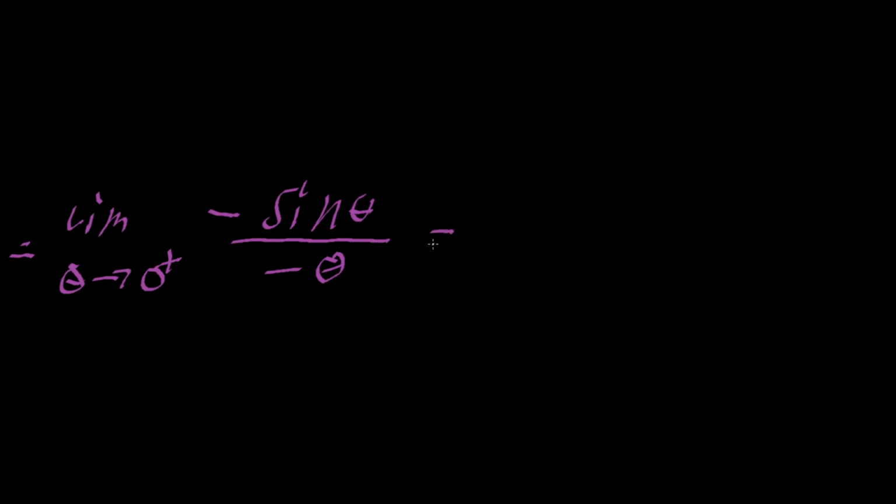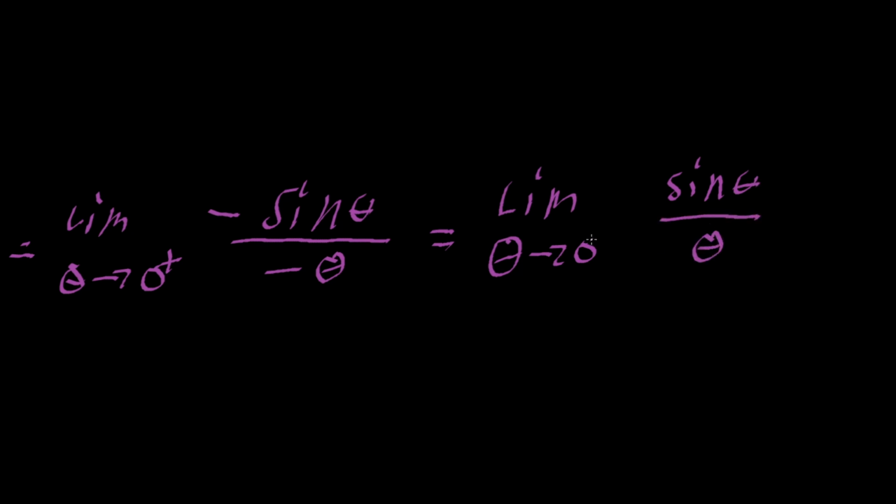But since we have a negative both in the numerator and the denominator, they take each other out. So this will be equal to the limit as theta is approaching 0 of sine of theta over theta, or the limit as theta is approaching 0 plus of sine of theta over theta.